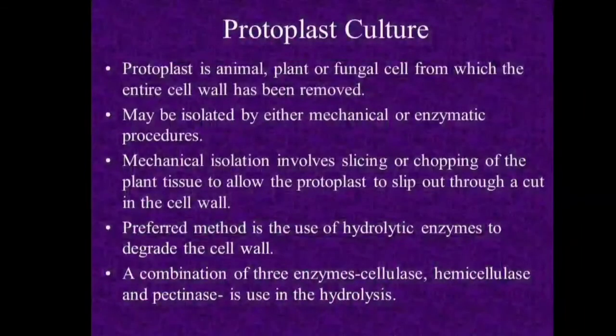So spontaneous fusion means what happens here: the protoplast during the isolation often fuses spontaneously, and this phenomenon is known as the spontaneous fusion, okay? So during the enzymatic treatment, the protoplasts from adjoining cells fuse through the plasmodesmata to form the multinucleate protoplast. So this is the spontaneous fusion.